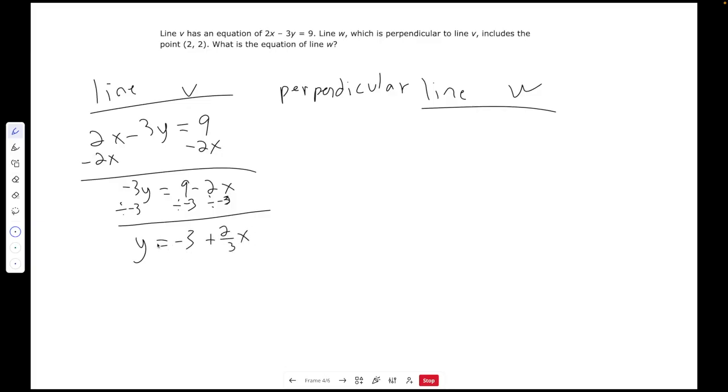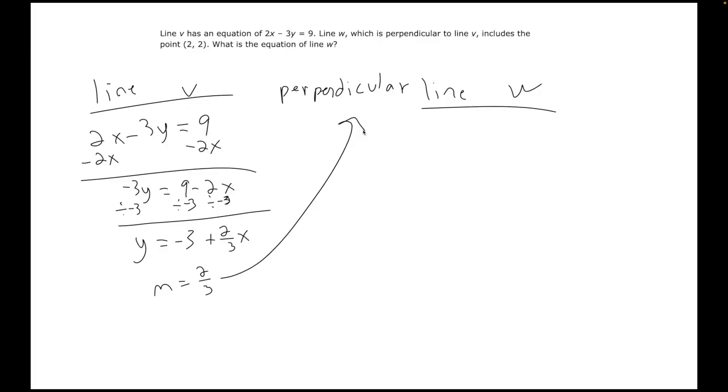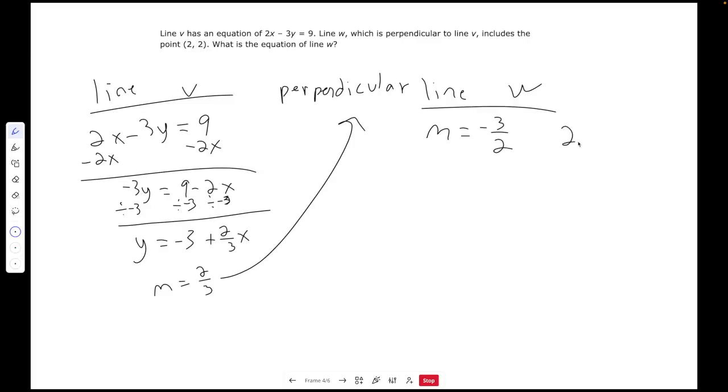And now that we're here, we can say, okay, the slope is 2/3. And these are perpendicular lines, so that means they have to have negative reciprocal slopes. And so we know this slope will be -3/2. And we know the point is 2, 2.